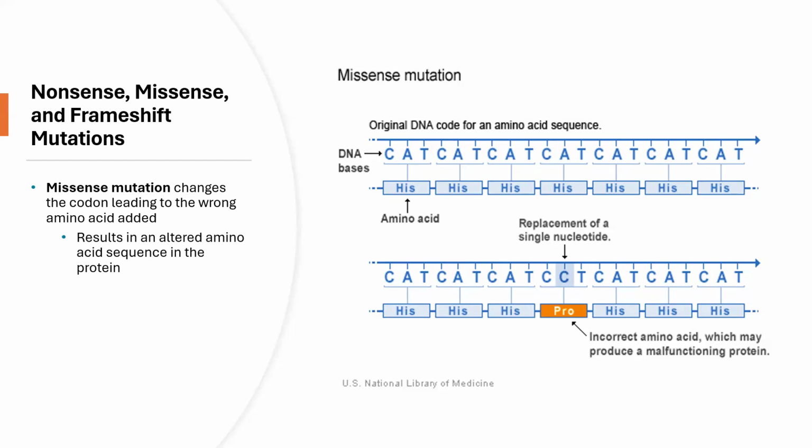But when we just get a regular missense that just changes our amino acid, then the whole protein can get made. And in some cases, that can result in a perfectly functional protein. In other cases, that can result in a non-functional protein. It really depends on the amino acid that gets changed out and which amino acid it's replaced with.